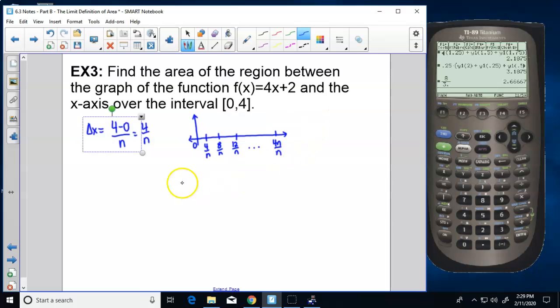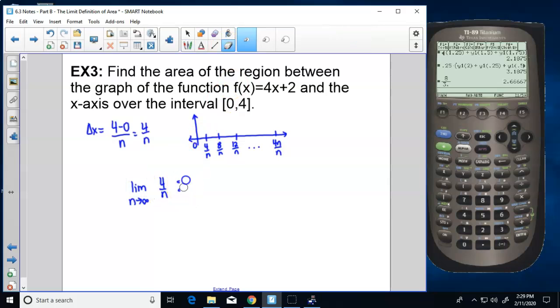So if we are finding the area here, we would do the limit as n approaches infinity of delta x, which is our width of our rectangle, 4 over n, times the sum.